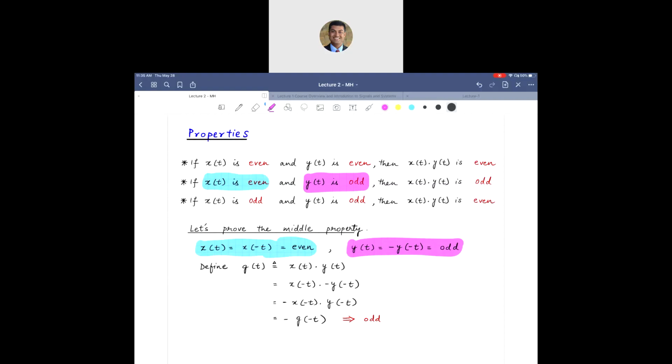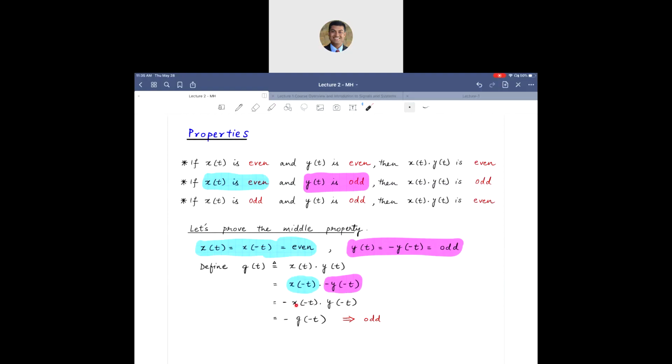And then I'm going to define g of t, a new signal, which is defined as x of t multiplied by y of t. Instead of x of t, I will write x of minus t because it is even. Instead of y of t, I will write negative y of minus t because it is odd by definition. And I can pull that negative sign up front.